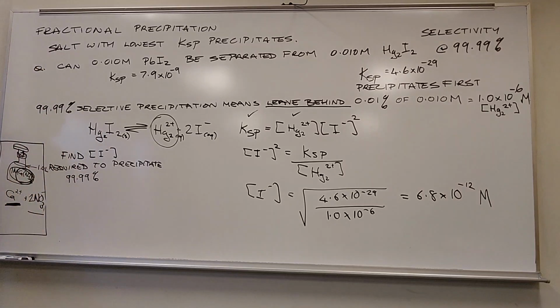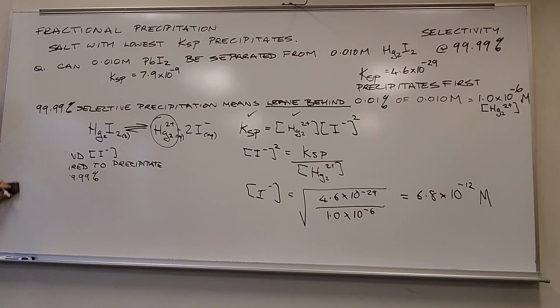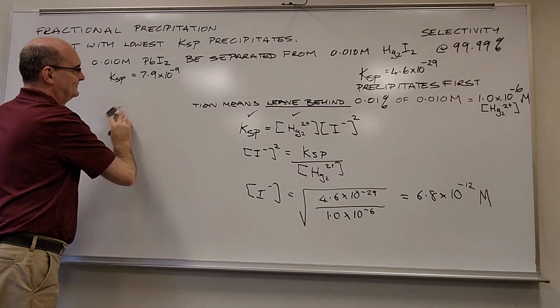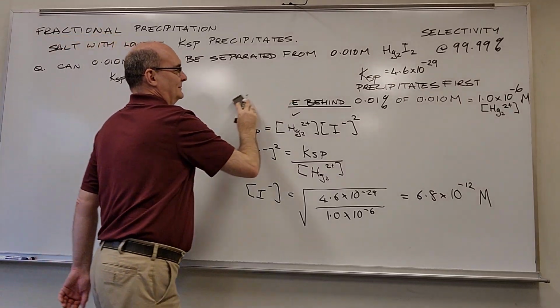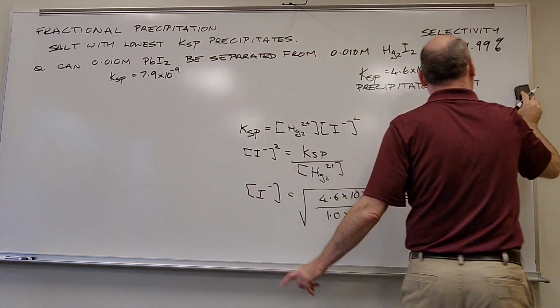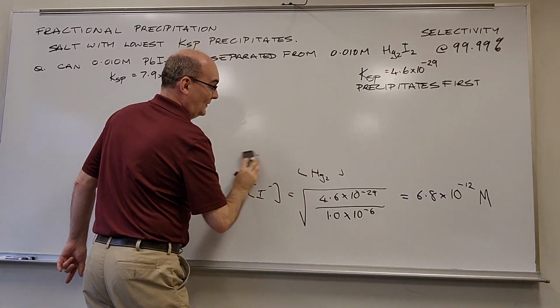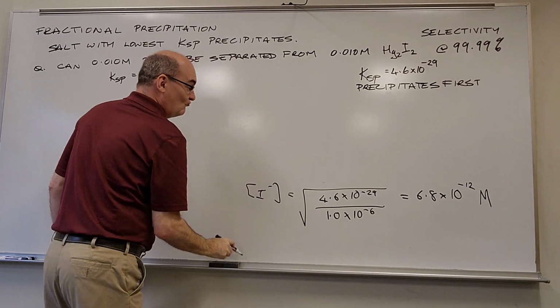Have we answered the question? We have found I minus. We found that part of the question. Why would I want to find I minus? To see if we can even precipitate or separate that at all, because is it too small? I don't know.